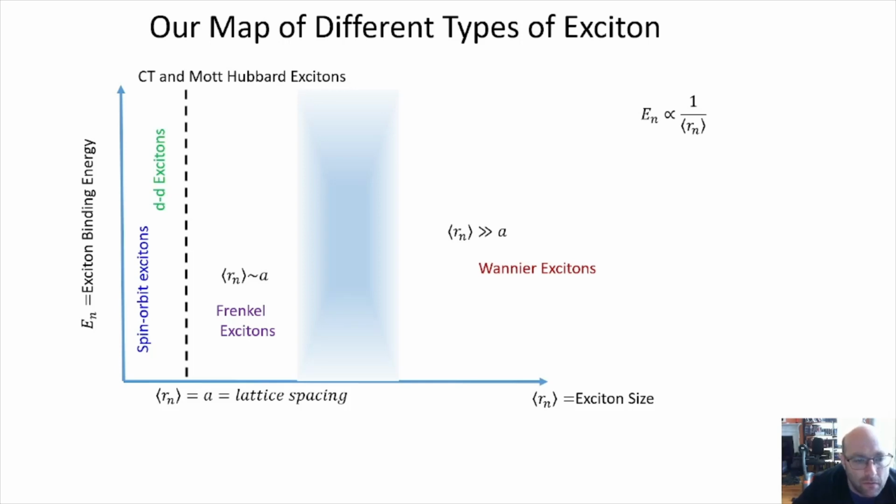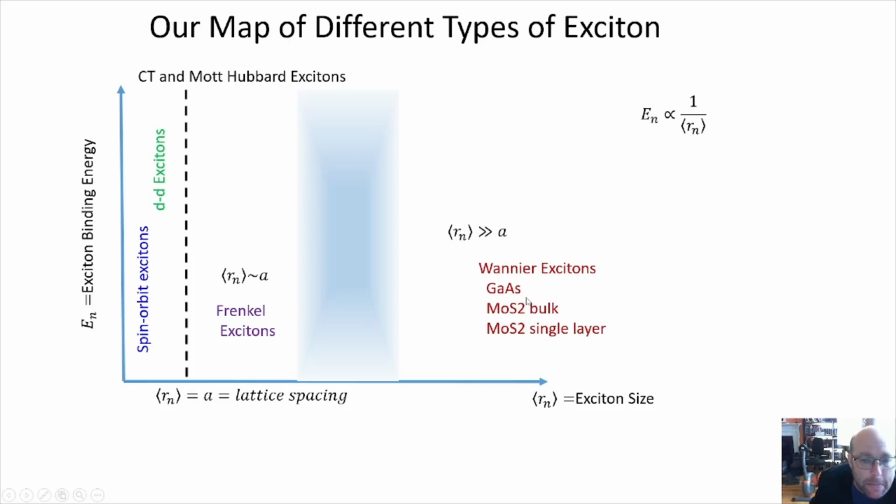And so this is our map of exciton binding energy as a function of exciton size. And mostly to date, we've been talking about Wannier excitons, so the canonical gallium arsenide exciton. And then we did a case study where we talked about molybdenum disulfide in both bulk and single layer form, and how even though it's still a Wannier type exciton, it's got some interesting features in terms of its binding energy compared to, say, gallium arsenide.